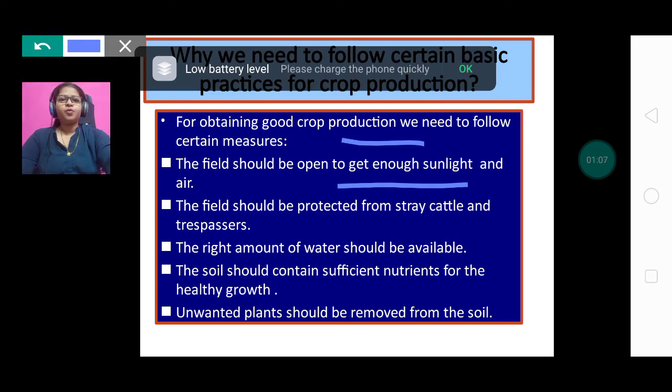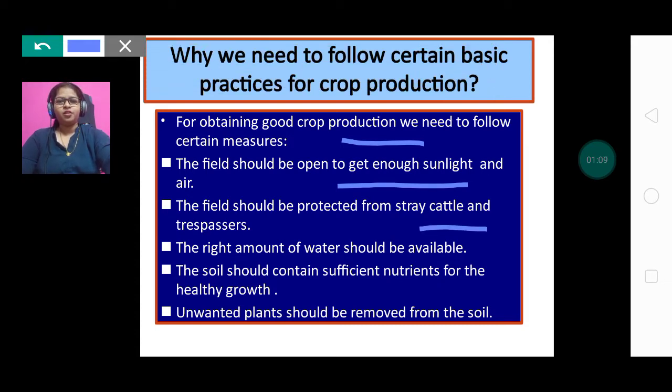The field should be protected from stray cattle and trespassers. The right amount of water should be available. Soil should contain sufficient nutrients for healthy growth. Unwanted plants should be removed from the soil, with the help of weedicides also, and weeds are those unwanted plants.